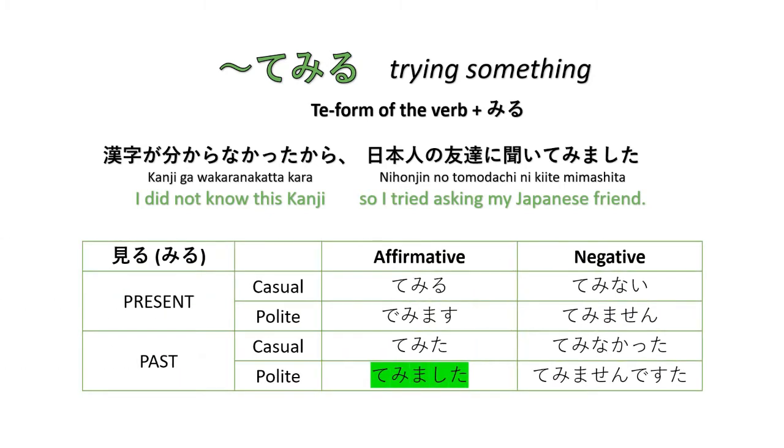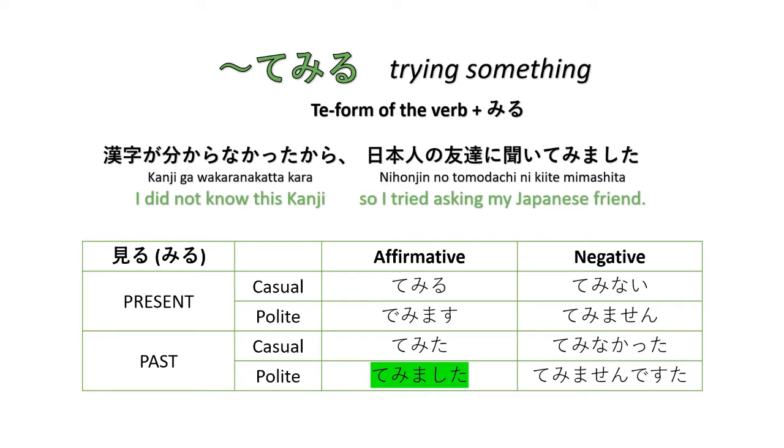As you can see here, we have the table for miru. Again, the te form of the verb plus miru. So miru here comes from the Japanese verb miru, to see. Instead of the kanji, miru here is written purely in hiragana.